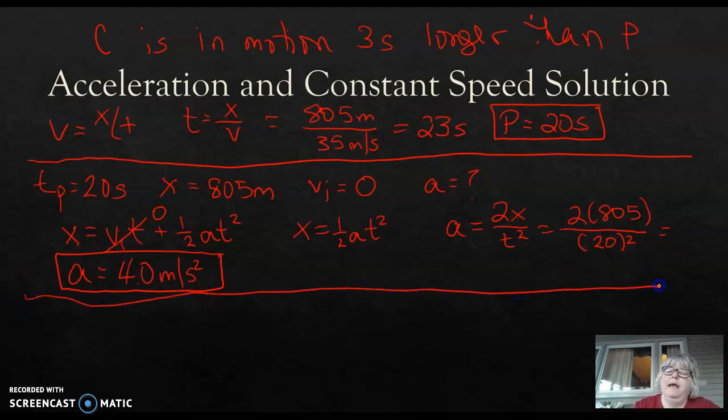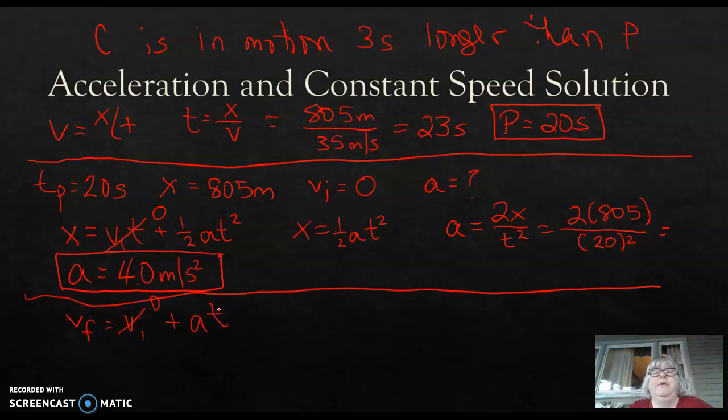Okay, now the last thing that I'm asked for is the police car's final velocity. Now I can go about that either of a few different ways. The easiest thing for me to do is to plug into VF equals VI, which again was 0, plus AT.